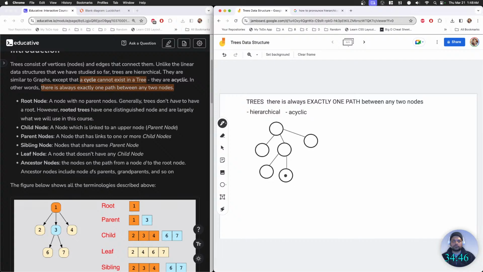So the ancestor of this node is that one. The parent of this node is this one. Siblings, nodes that share the same parent. Yep, these two are siblings.